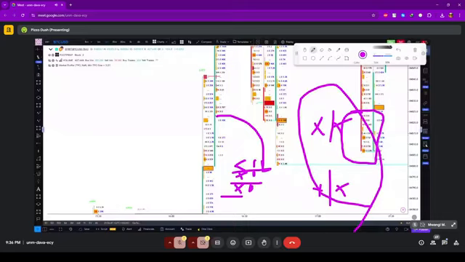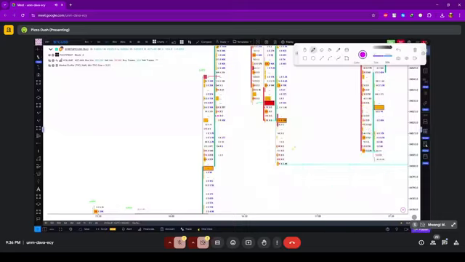So that's why we see what? That's why we saw zeros on this side. What happened when the market came back here? The bias traders came in.